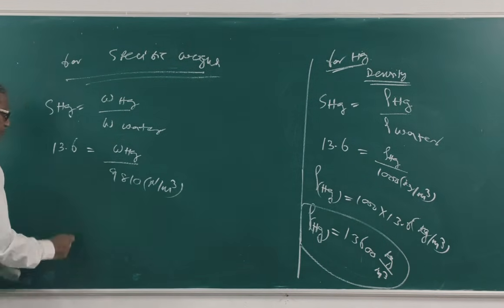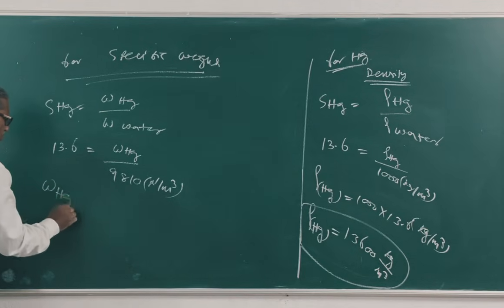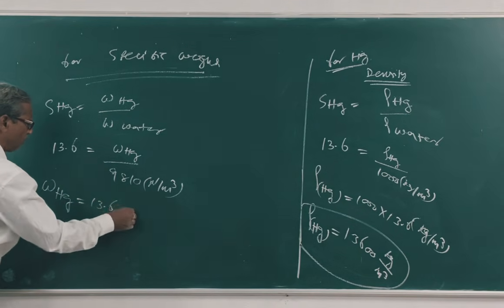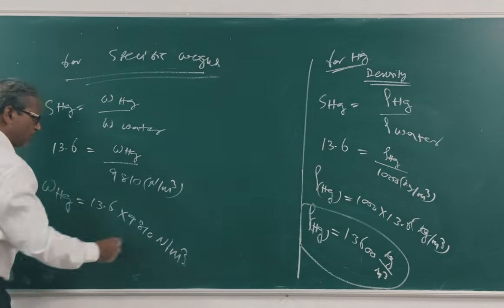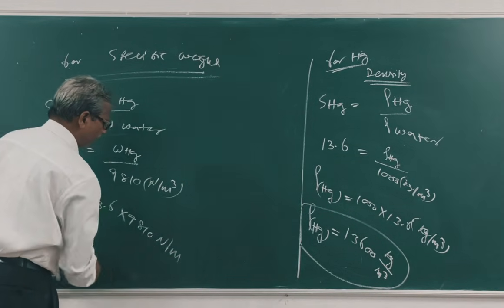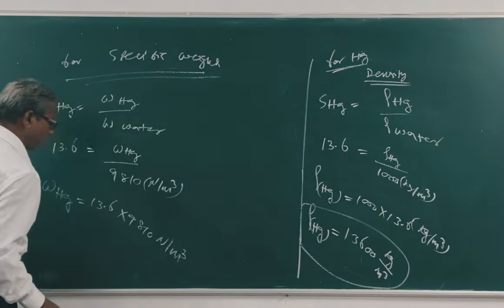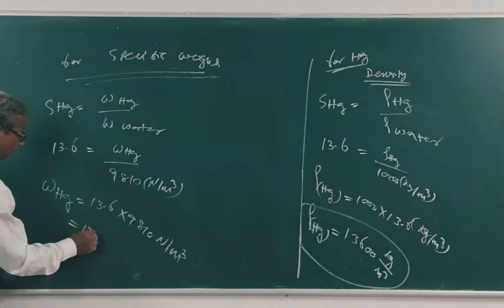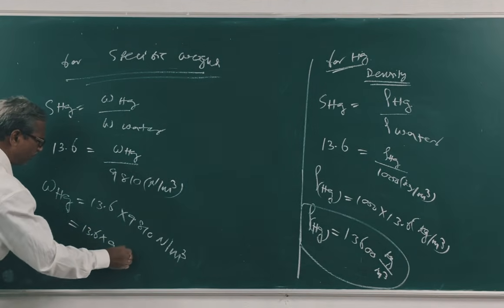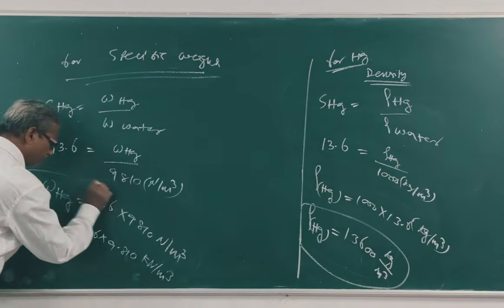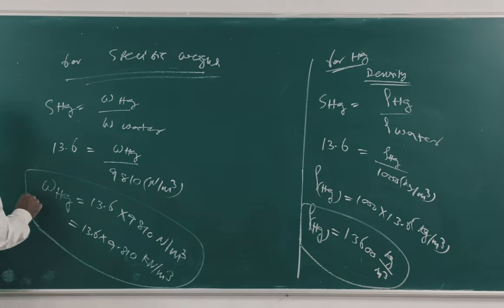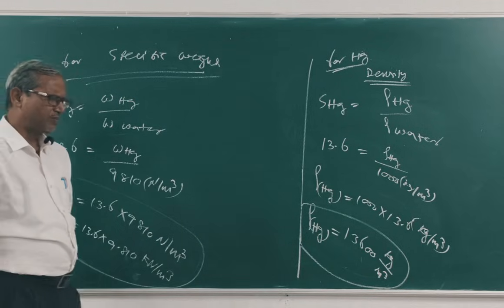So w Hg is equal to 13.6 into 9810 Newton per meter cube. Right? So 13.6 into 9.810 kilonewton per meter cube. This is for specific weight. This is for mercury. Clear?